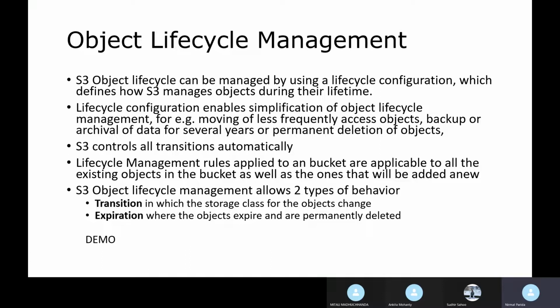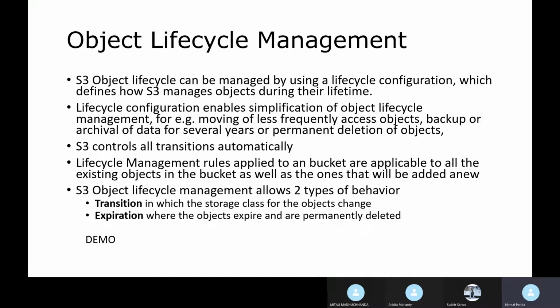For example, moving less frequently accessed objects, backups or archival of data for several years, or permanent deletion of the objects. S3 controls all transitions automatically. So if you provide some object lifecycle policy, S3 will control everything automatically.